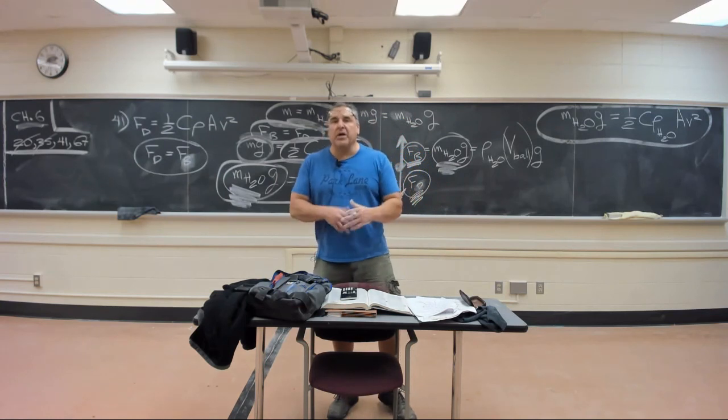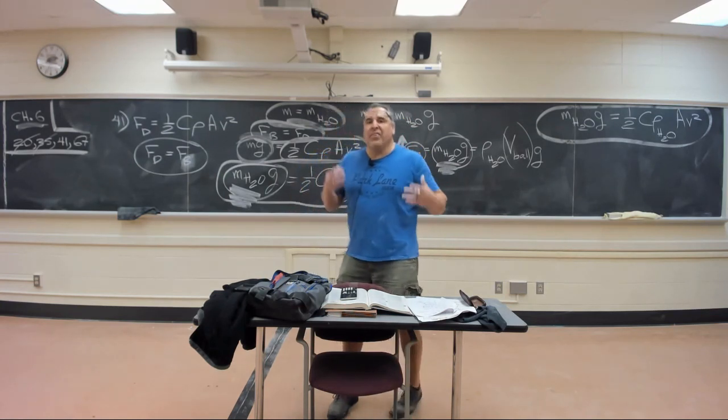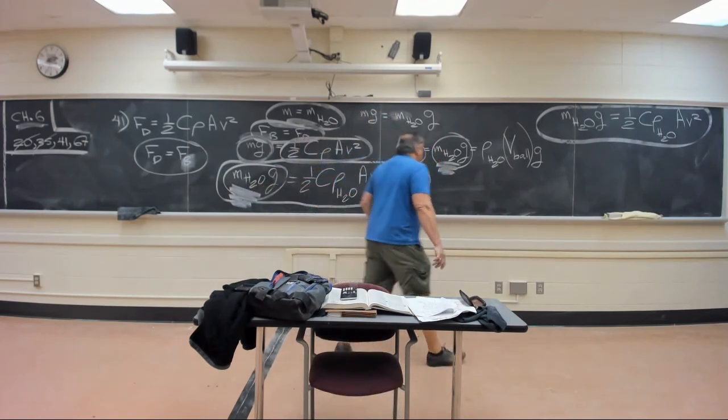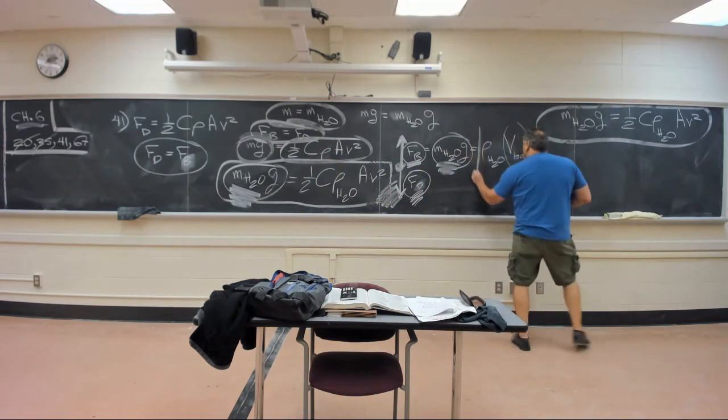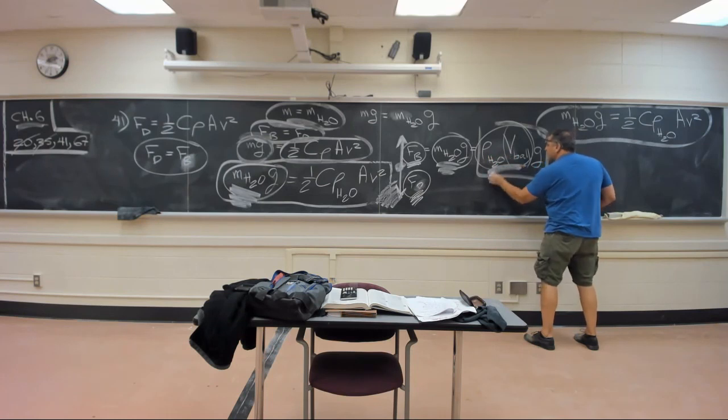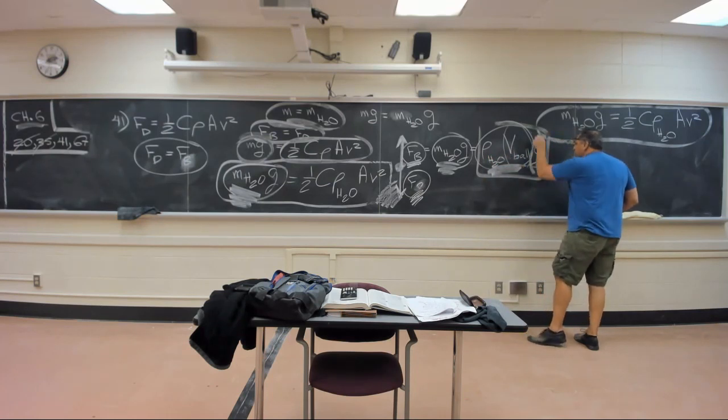Times g will tell you the weight of the water that was displaced. That is the buoyant force. Mass of the water times g, which is what I did over here. This right here, rho H2O times V of the ball, is the mass of the water. And this is g.